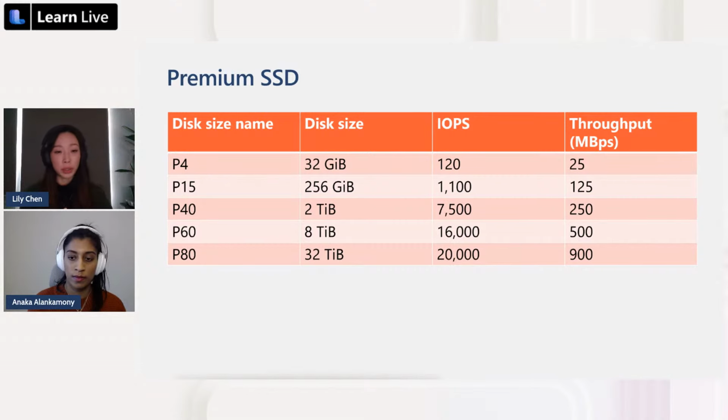Also use Premium SSD when you want the highest performance, but can't use Ultra disks or Premium SSD v2 because of their current limitations. Premium SSD disks are a good fit for mission-critical workloads in medium and large organizations. It's worth noting that you can migrate a disk to Premium SSD managed disk at any time if you found that the performance of the lower tier standard disks aren't good enough for your workloads.